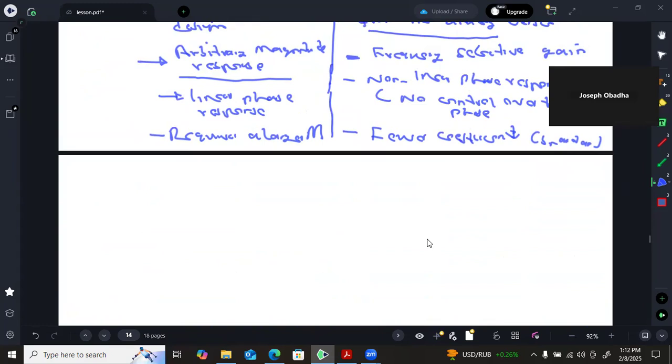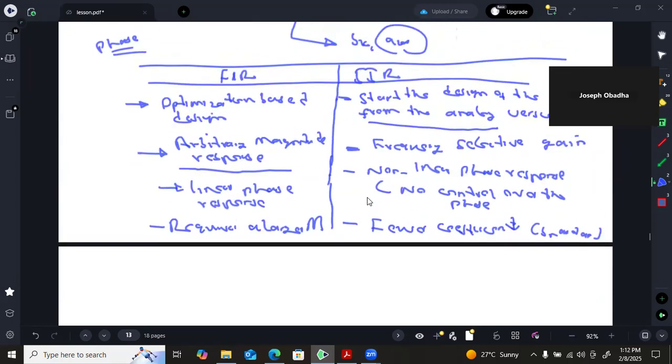It actually varies. So let's look at different forms of realization of the filters.